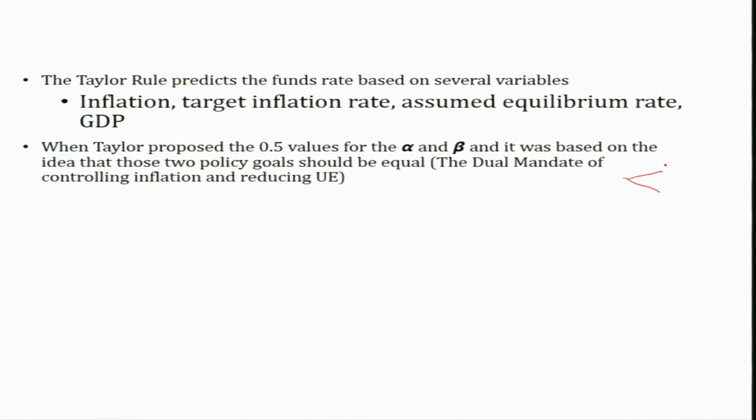One is to control inflation. When the economy is experiencing inflationary pressure, that means there is more money, more liquidity, in the economy. Then what should the Fed do to counter this? If inflation is very high, the Fed should reduce the liquidity in the economy, that is, the money supply available in the economy.